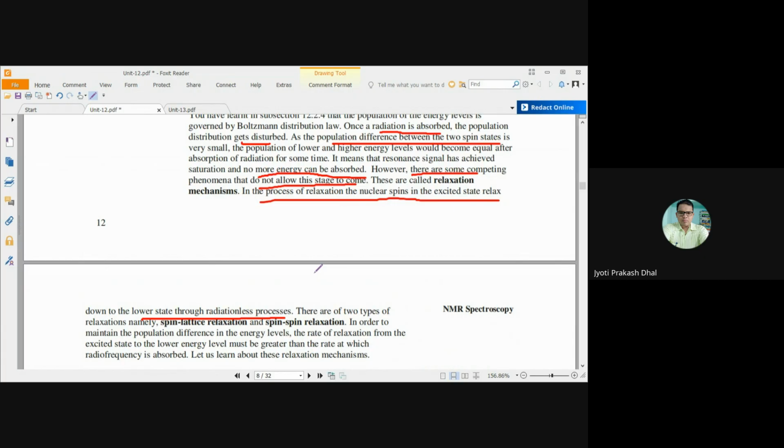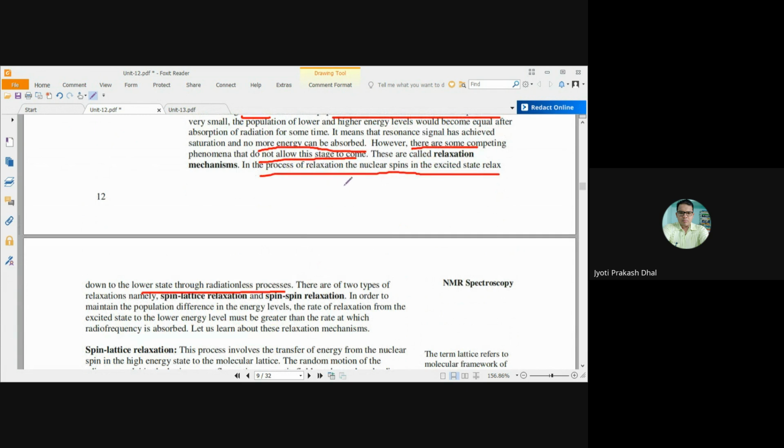Now, according to the relaxation mechanism, in the process of relaxation, the nuclear spins in the excited state relax down to the lower state through a radiationless process.